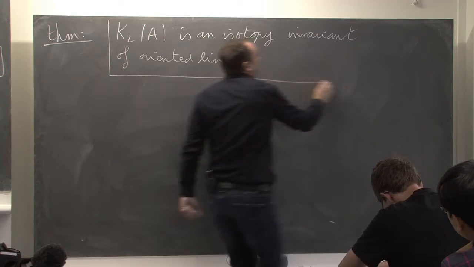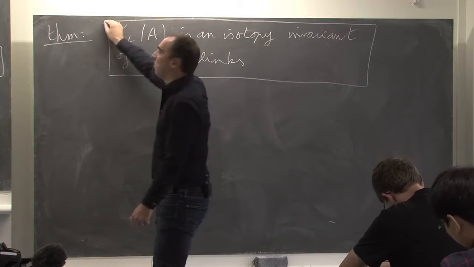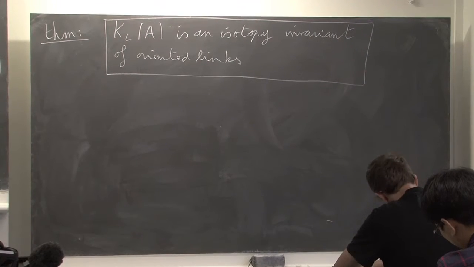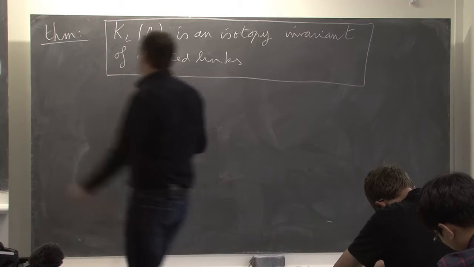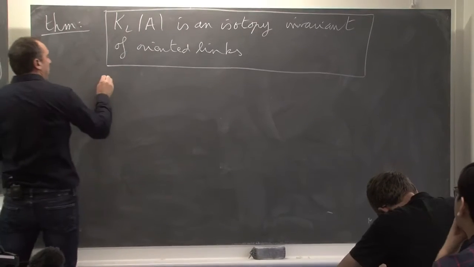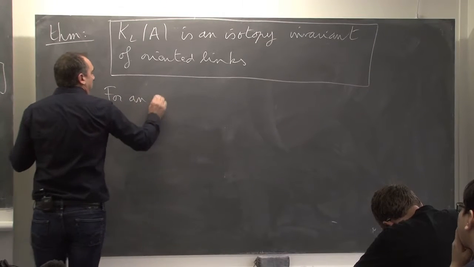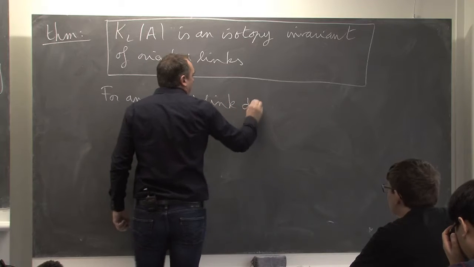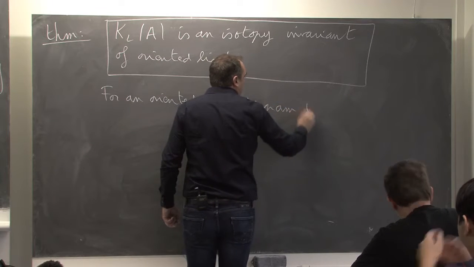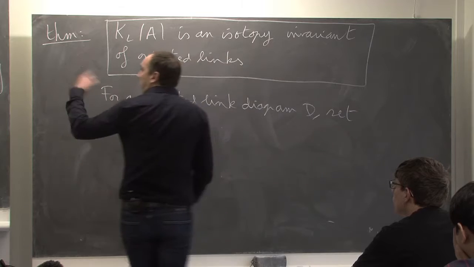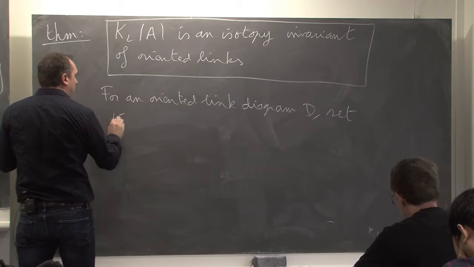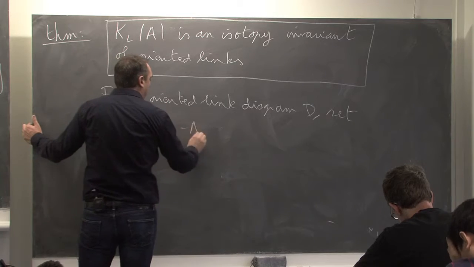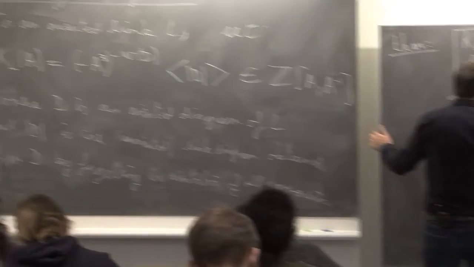Okay, so let us check this. So we need to check, for an oriented link diagram D, we define this quantity by the right hand side.